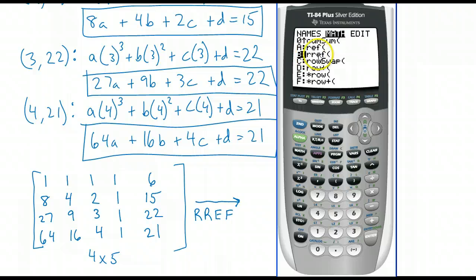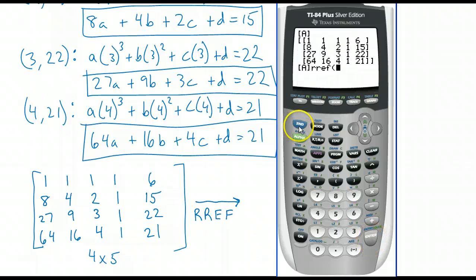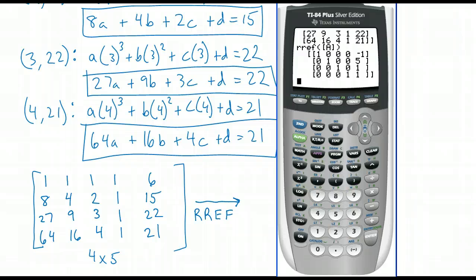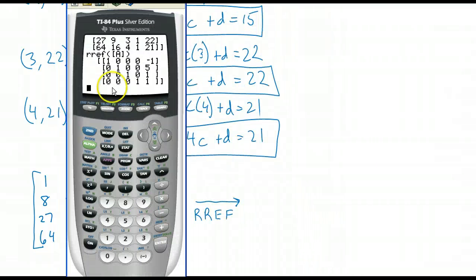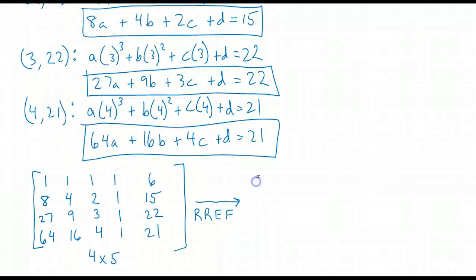So I want to do the RREF of matrix A. Make sure that you pick the RREF and not the REF. This is something different. I accidentally have an extra matrix A right here, so I'm going to delete that. So I want to do row reduced echelon form of matrix A, and then hit enter. And what I'm left with is a 4 by 5 matrix that looks like this.